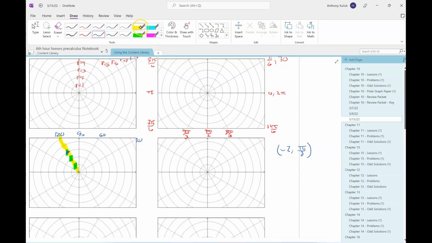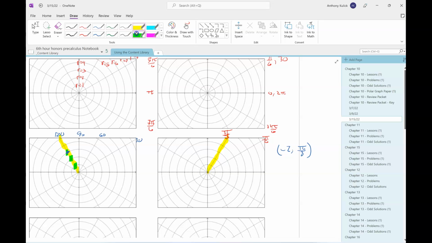So here we have -2, 2 pi over 3. So we'll start by writing this in. So we have pi over 6, and then here's pi over 3. So we're on this piece here.